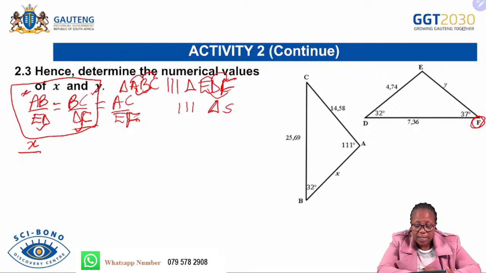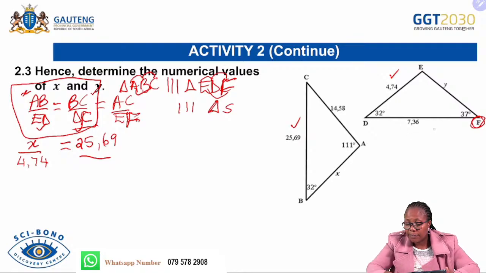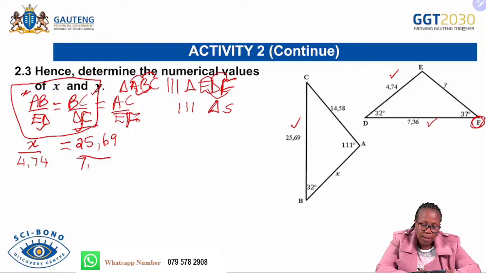And then ED is 4,74, equal to BC, there is your BC 25,69 over DF 7,36. And then from here we can cross multiply.